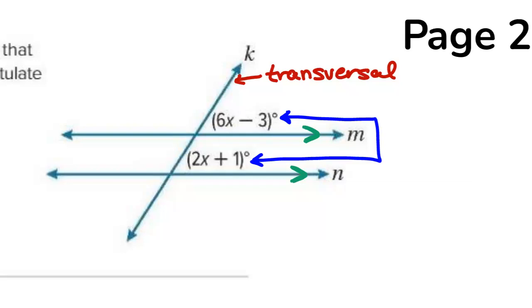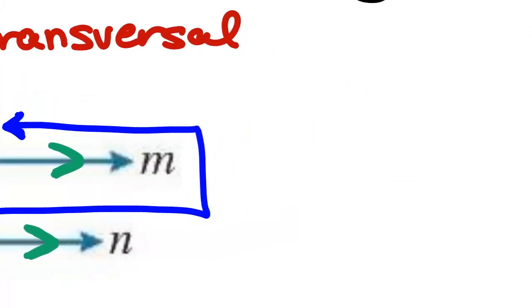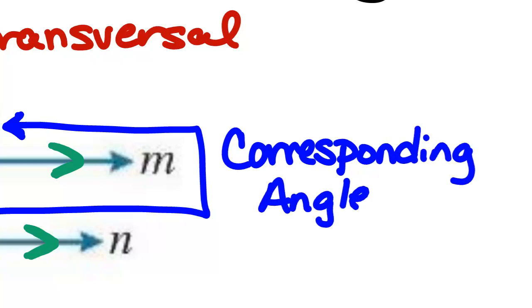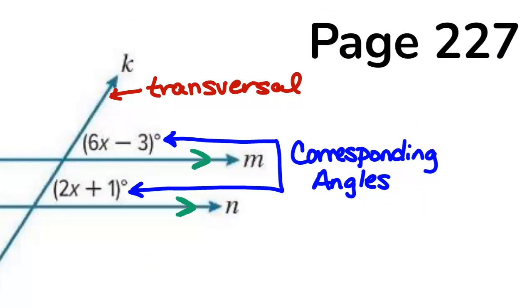Matching corners. So what do we call that angle pair if it's matching corners? Corresponding. And if the lines are parallel, corresponding angles should be congruent or supplementary? Congruent.